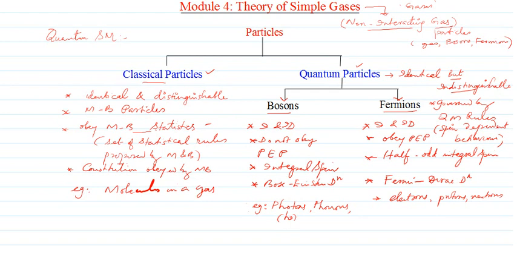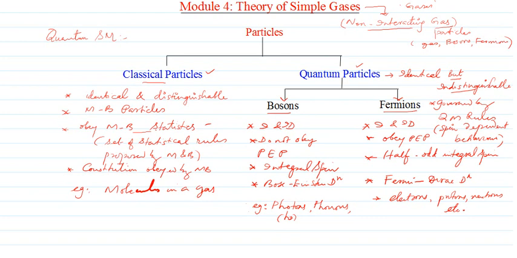So these three particles have half-odd integral spin. You can always relate to that. You will come across many more such particles in our later discussion of ideal Fermi and ideal boson systems. So that's regarding the general classification of particles and the distinction between the three different types of distributions.